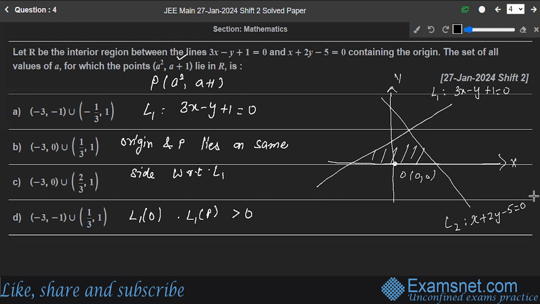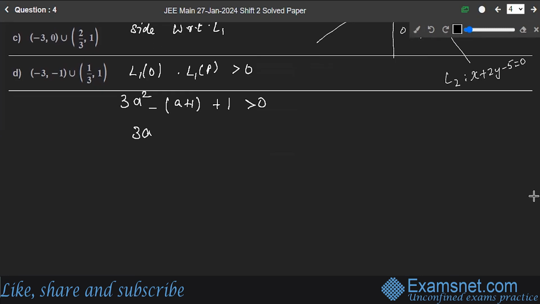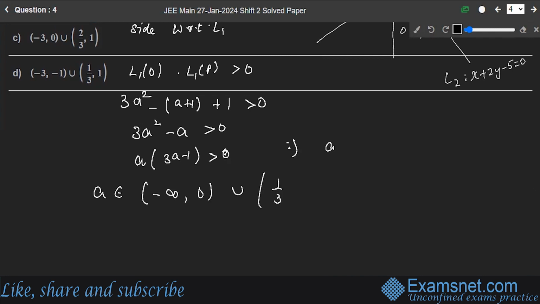This gives me 3A square minus A plus 1 plus 1. It should be greater than 0, right? So this gives me 3A square minus A should be greater than 0, or A times 3A minus 1 greater than 0. So that means A will belong to minus infinity to 0 union 1 by 3 to infinity, because for this to be greater than 0, both factors should be positive, or A should be greater than 1 by 3. Okay. And this will be the one.